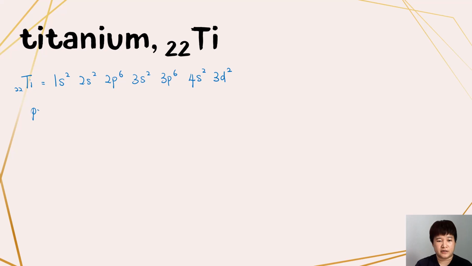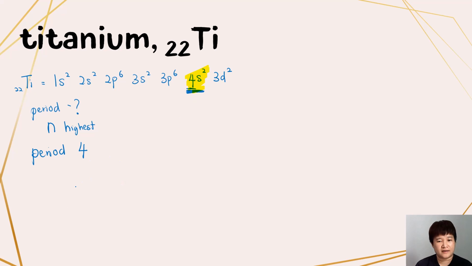So the period, again, what do you think the period will be? The highest n. And the highest n over here is actually your 4s2. Period is the highest n. Therefore, your titanium will be located in period 4, because your highest n over here is 4.